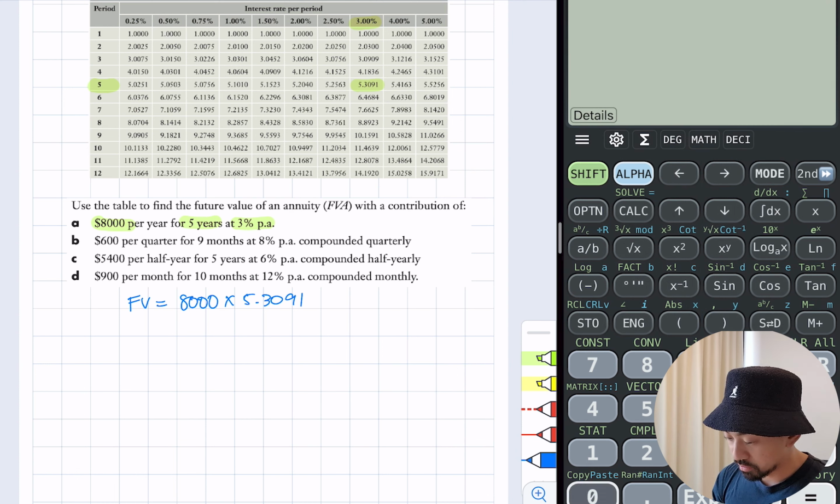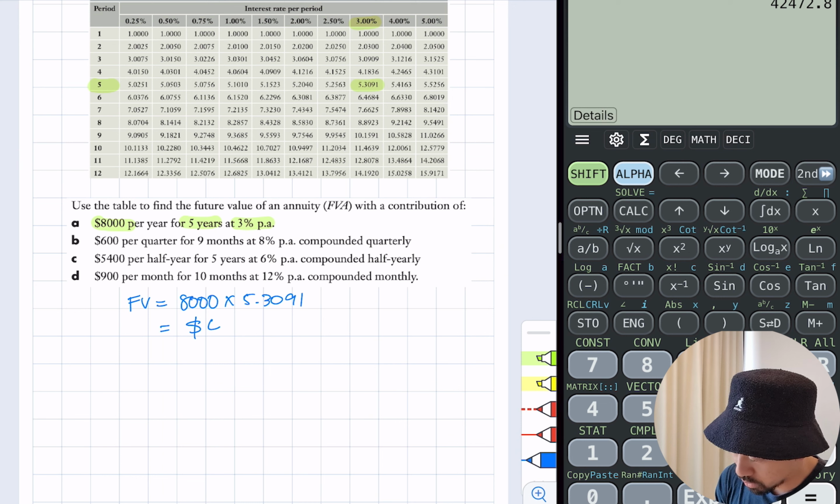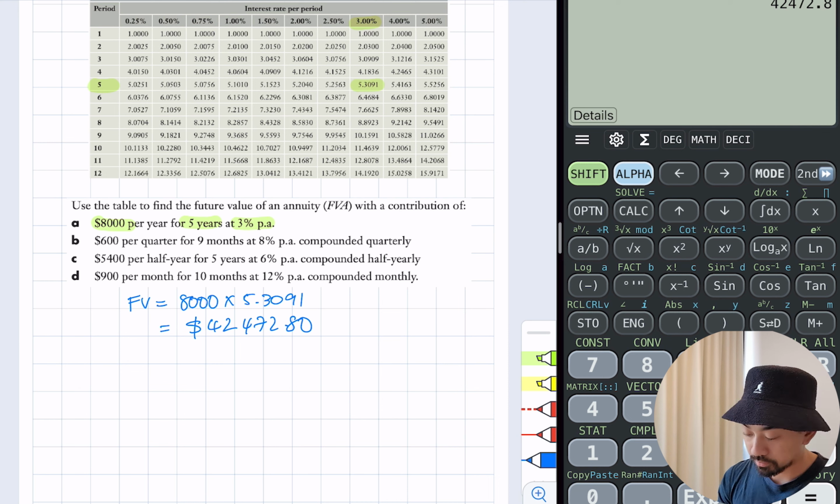Let's clear that. 8,000 times 5.3091. So my future value here is 42,472.80. Okay, cool. So in other words, if you invested $8,000 every year for 5 years, at 3%, at the end you would have 42,000 thereabouts.